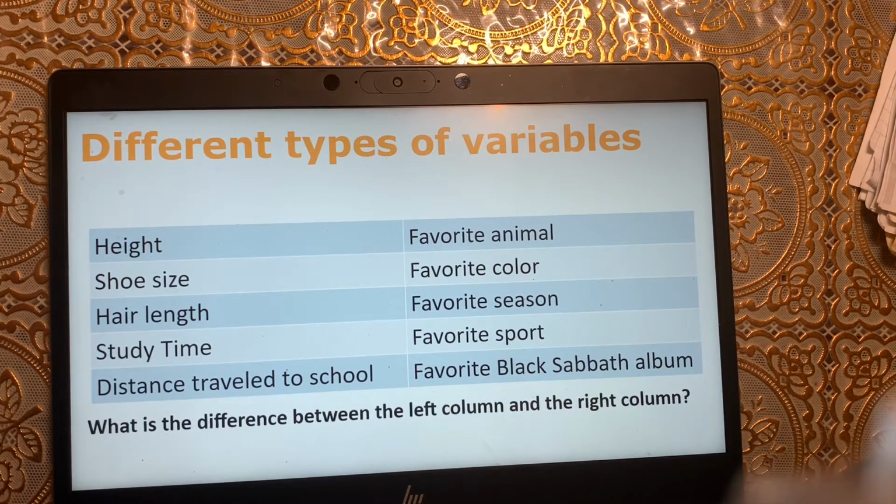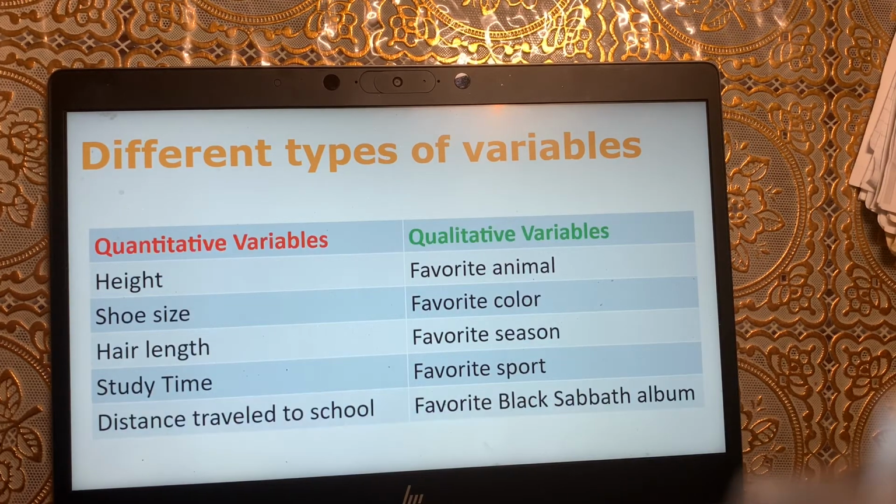Okay, what is the difference between the left column and the right column? As you see, in the first column, you need some measurement. You are measuring. But in the second one, it is a qualitative variable. So the first one is a quantitative variable. The second one is qualitative.